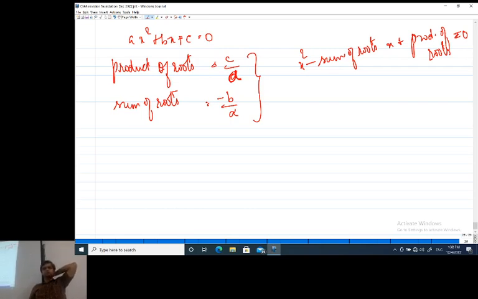All of you? Yes. If the product of roots and sum of roots are given, you don't need to substitute and find the roots. Directly, if you plug in in this method, you will get the equation. Clear? All of you? With this quadratic is over. Any question that you wish to solve, you can ask.